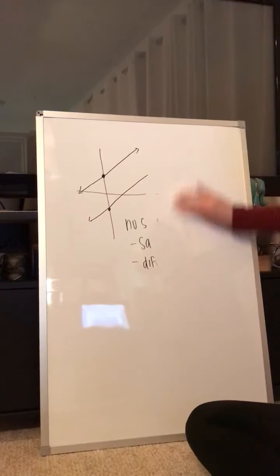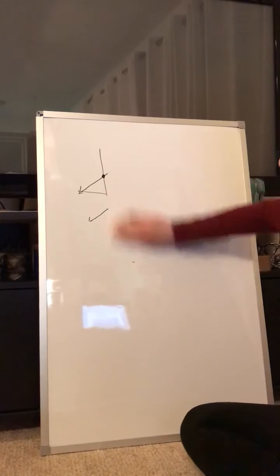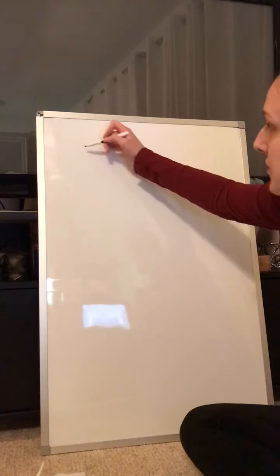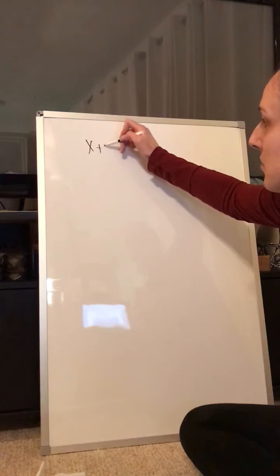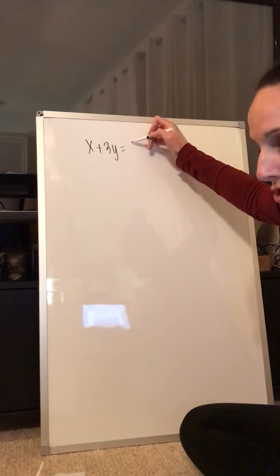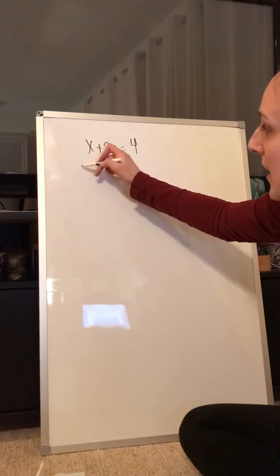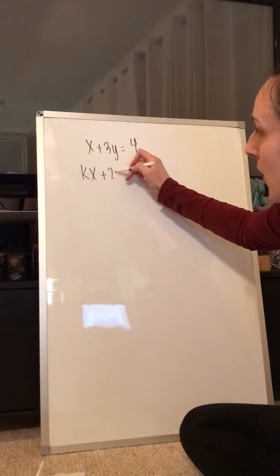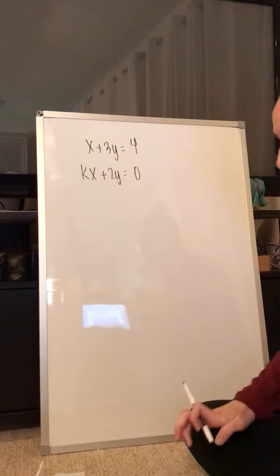All right, so I'm going to give you a system of equations, which I'll write on my board. That's going to be x plus 3y equals 4. And I'm going to make my second equation kx plus 2y equals 0.